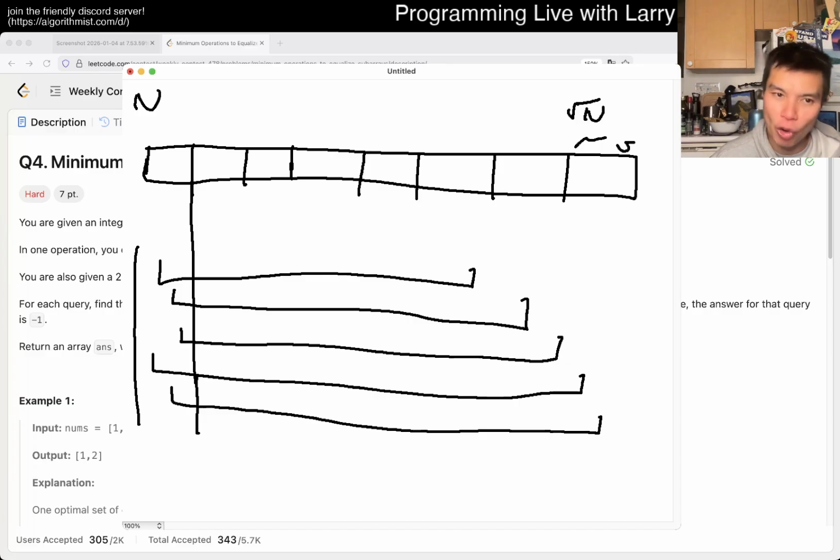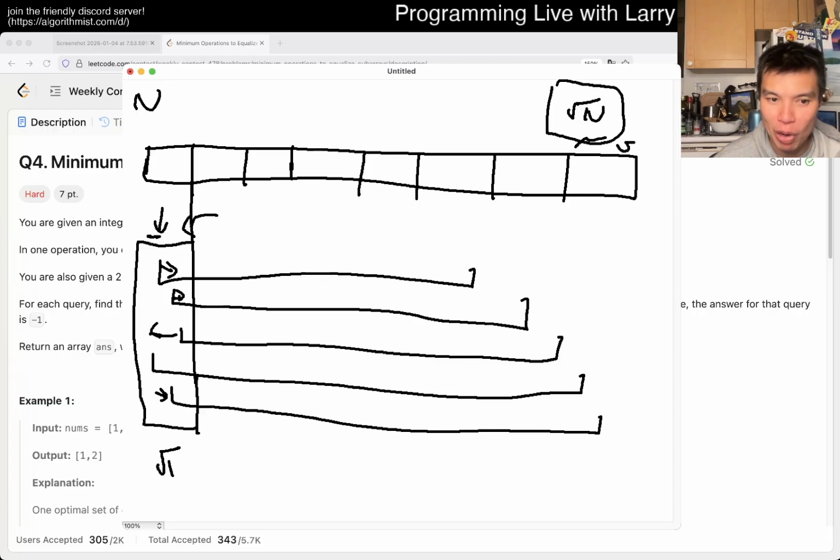But for each query, we know that it is within the same block. And the same block is, again, size square root of n. So that means that the left endpoint will move at most square root of n times for each query, right? And then the right endpoint is actually sorted, right?